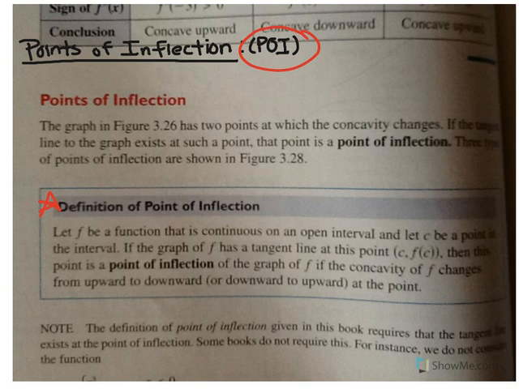Okay, so if the graph of f has a tangent line at this point, then this point is a point of inflection of the graph of f if the concavity of f changes from upward to downward. And that's the key point of this. A point of inflection of the graph is when the concavity changes from upward to downward, or vice versa, at that point. Okay, so let's take a look at an example to see exactly what they mean.